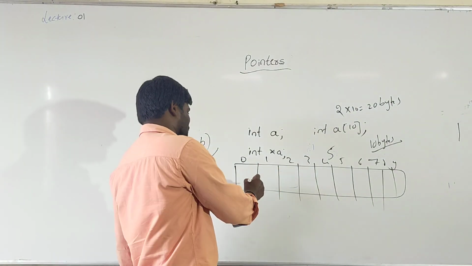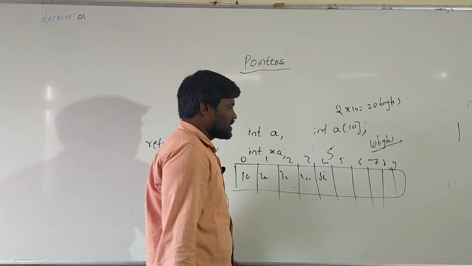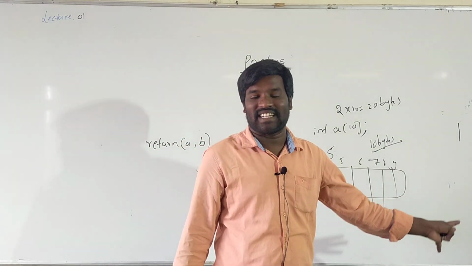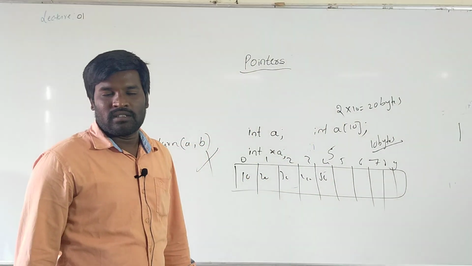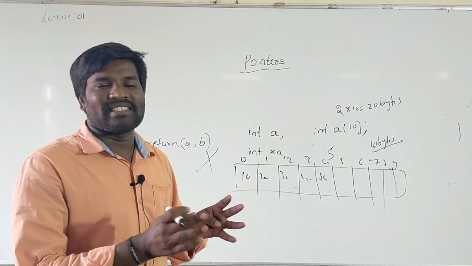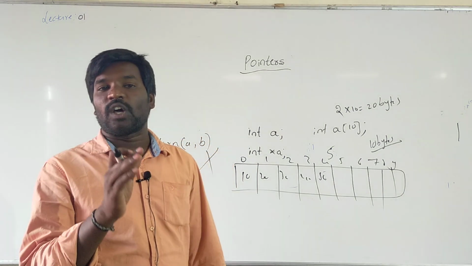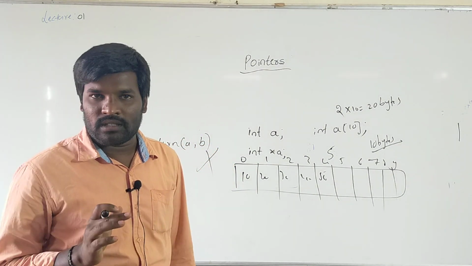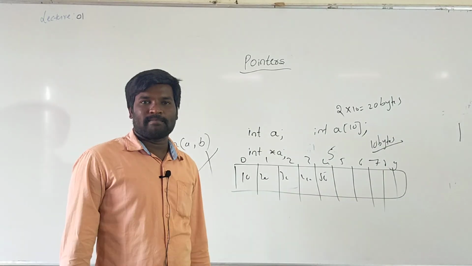But I can enter only 5 elements, 10, 20, 30, 40, 50, and the remaining blocks are wasted. But if you are using pointers, only as much memory as required will be allocated to the variable. So that is also one advantage of using pointers.